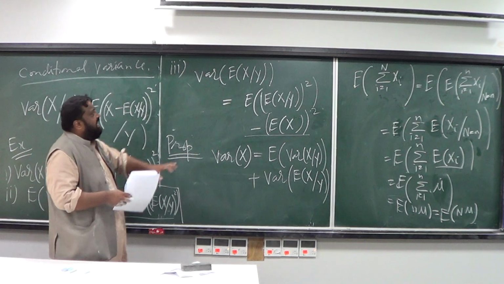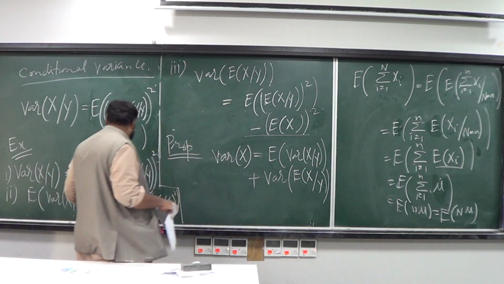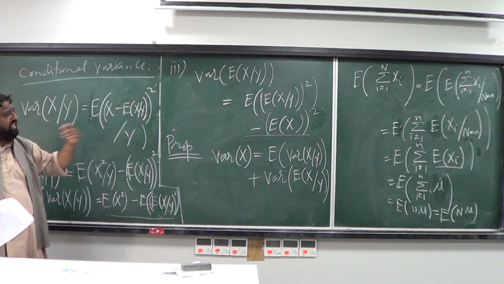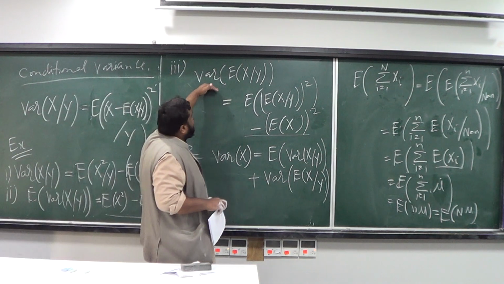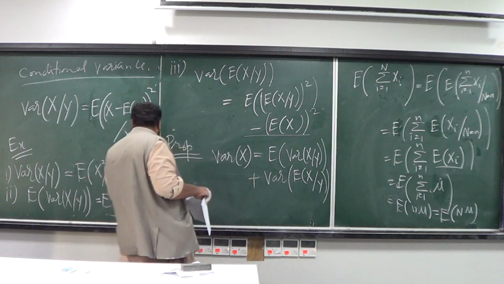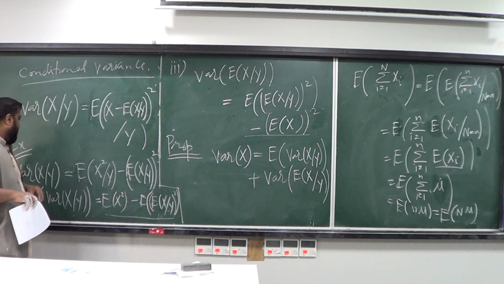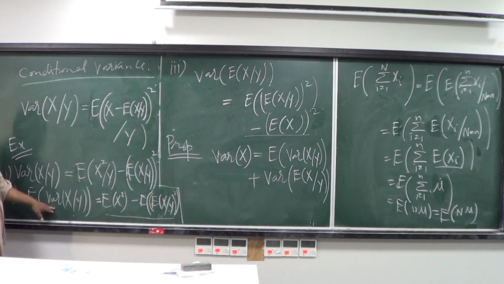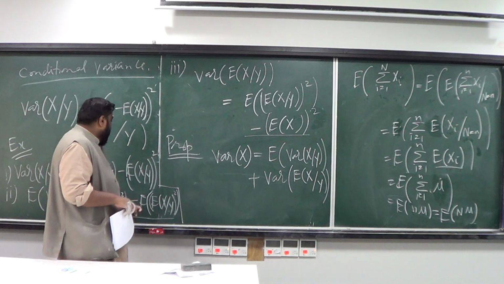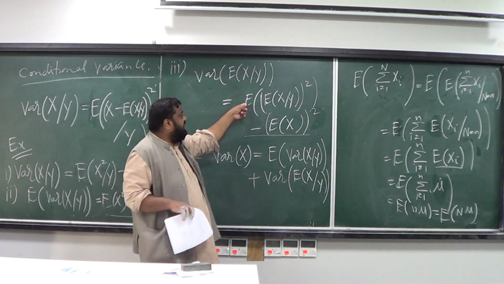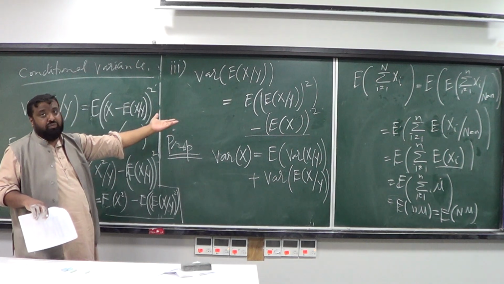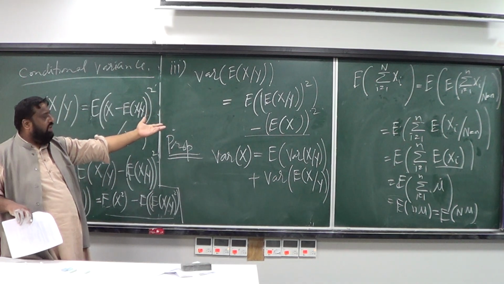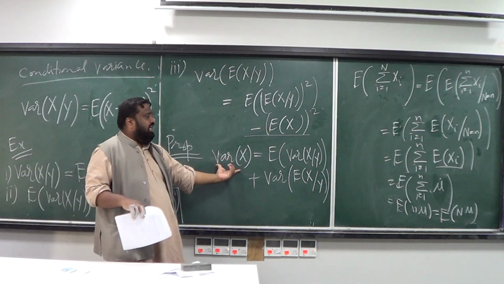Now by adding these two, you can immediately deduce this identity. When you add them, this and this term cancel out, and what remains is the expectation of x squared minus the expectation of x, whole squared, which is equal to the variance of x.